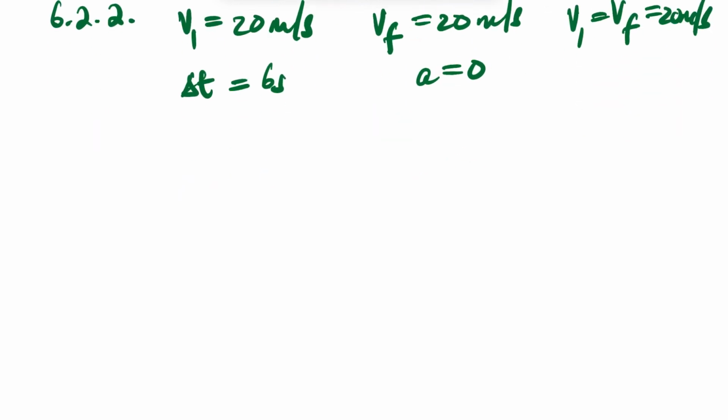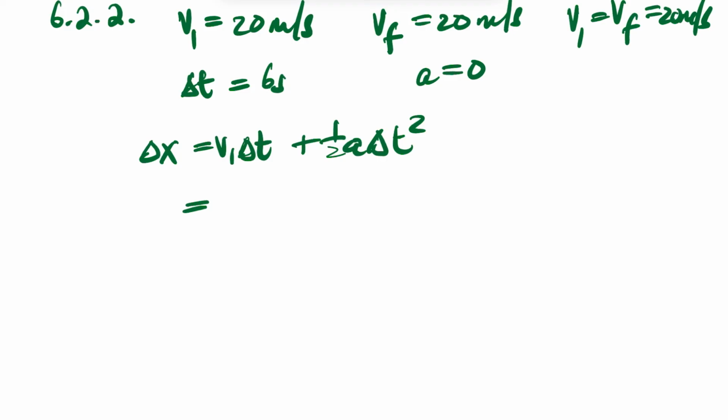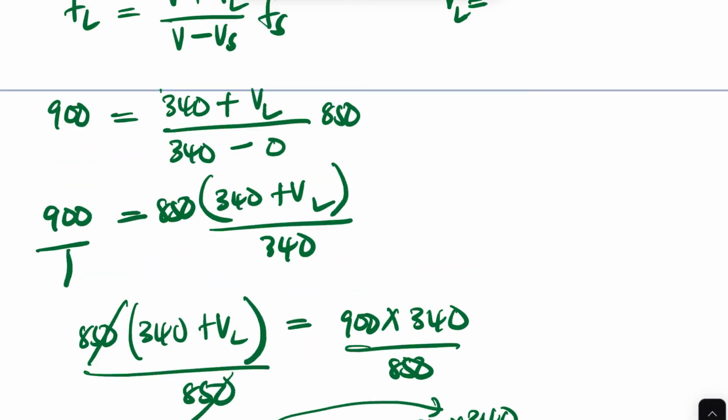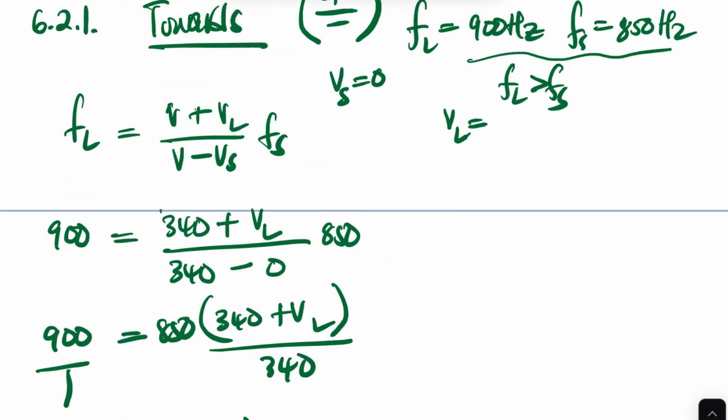So we'll use the equation that says change in x is equal to vi times change in t plus half a t squared, right? The displacement is the one that we want. We wanted the distance x. They say calculate the distance x.